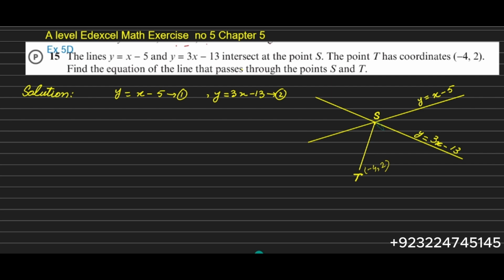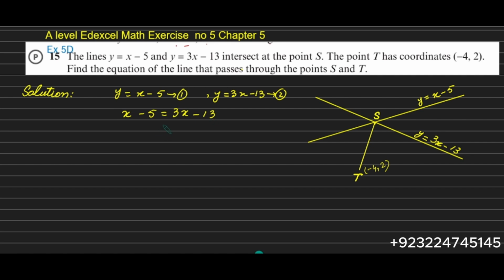Now, as the point S lies on both the lines and is the point of intersection, we will equate equation 1 and 2 to find the value of x and y. First of all, we equate equation 1 and 2. By equating, we get x minus 5 equal to 3x minus 13.